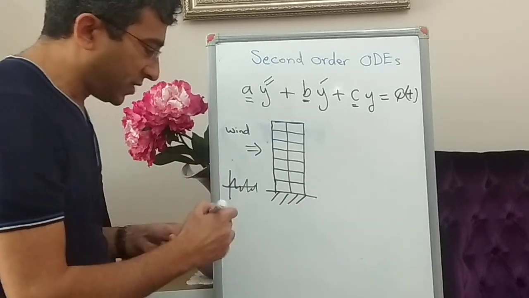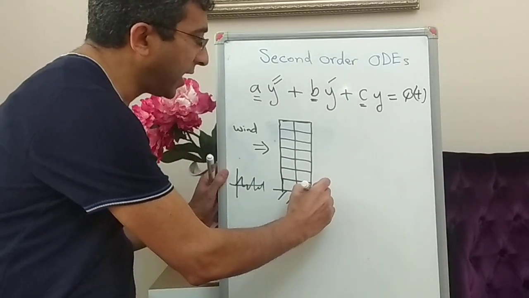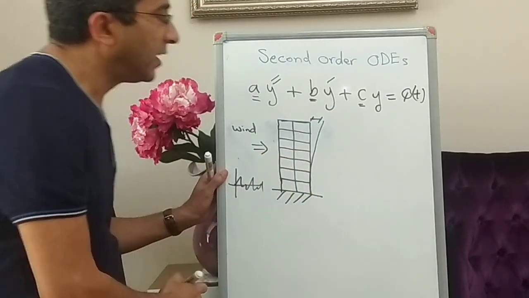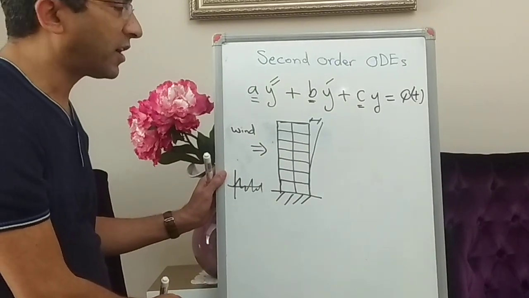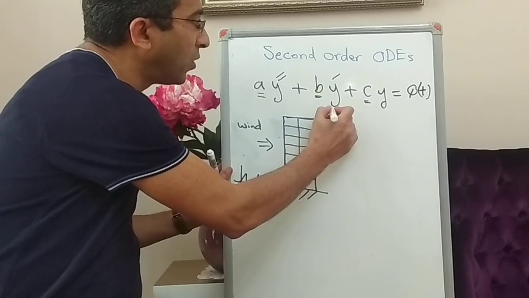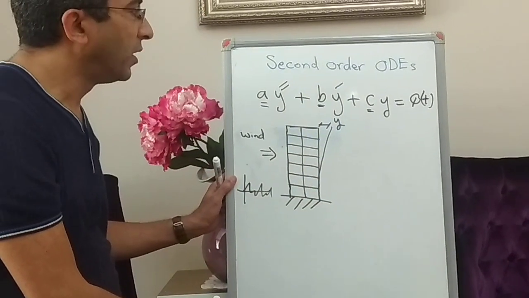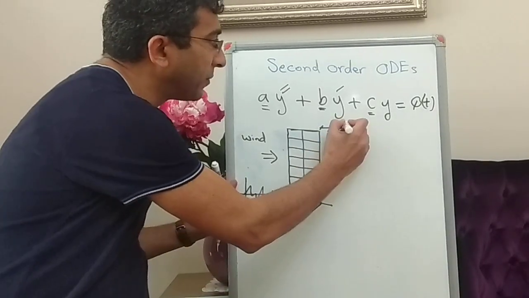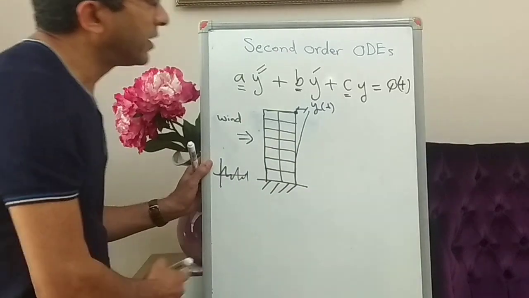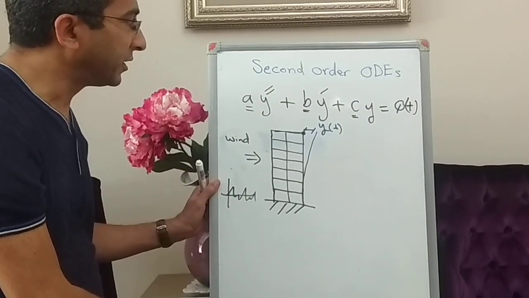So engineers usually want to design their structures to withstand these lateral loads, and they need to find the maximum motion of the top of the building. What is the value of the displacement at the top of the building?